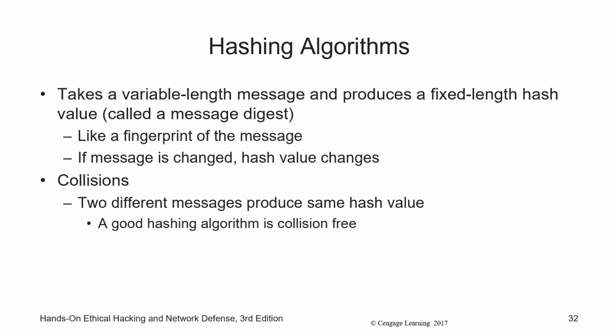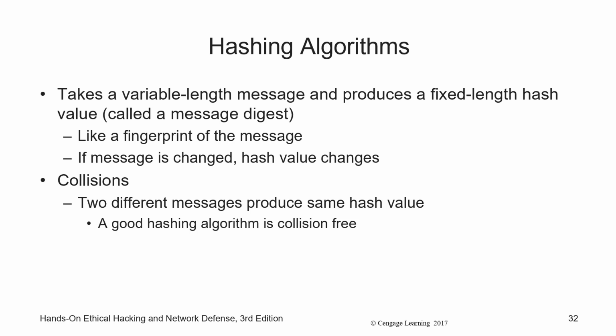Hashing algorithms, when we talk about integrity of a file, has a file been modified, has data been modified, that's a really good use of hashing algorithms. So you can take a variable length message, as I talked about before, and you produce a fixed length identifier, almost like a fingerprint. If the message changes, the hash value changes. But because you're taking an infinite set and then moving it to a finite set, you have what are called collisions, where two completely different messages could produce the same hash value.